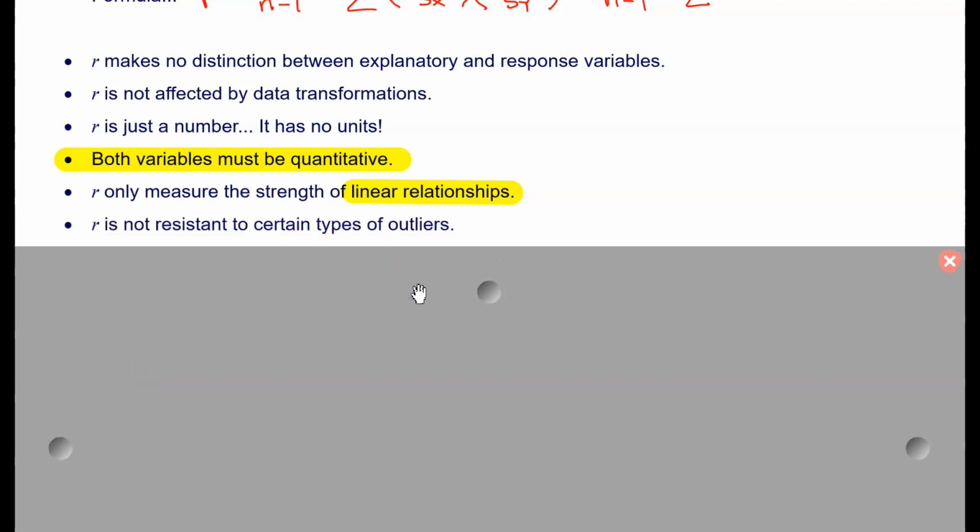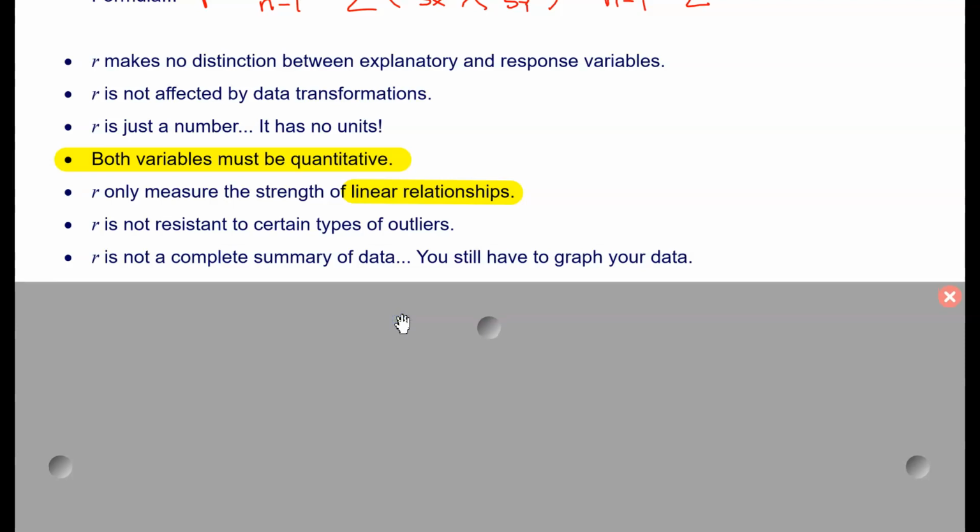Also, R is not resistant to certain types of outliers. And again, I mentioned that we will talk more about that in section 3.2 when we go into detail about linear regression. Just know that R is not resistant to certain types of outliers. R is not a complete summary of data. You still have to graph your data.